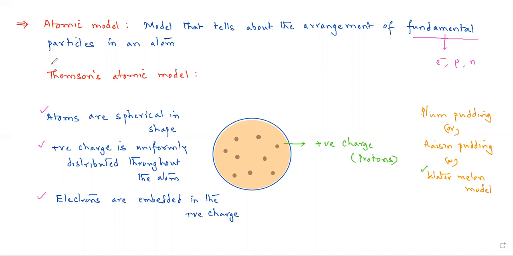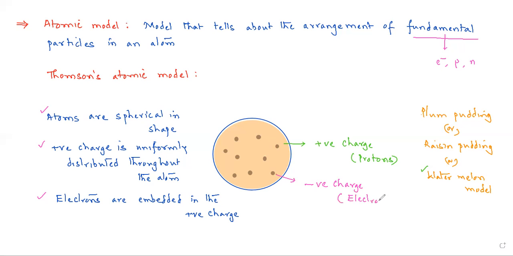You know, the problem with this model is the protons and electrons are placed collectively. Of course, he explained that the positive charge is neutralized by the negative charge on the electron. Of course, he could explain the electrical neutrality of the atom.